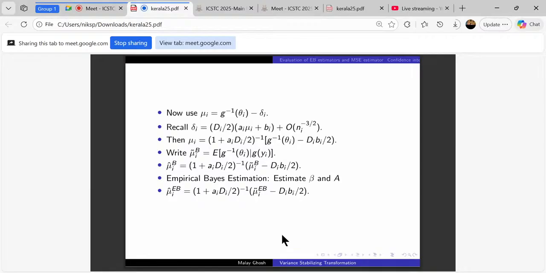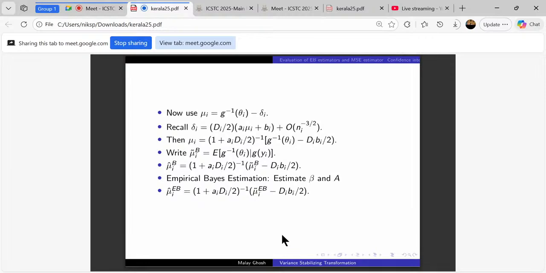I know the capital D_i, I know my A_i, I know my V_i. So the Bayes estimate of g inverse of theta i, given the data y_i, call it mu i hat B, you can just correct to mu i tilde B, which is just a linear function, just an inversion of mu i hat B.